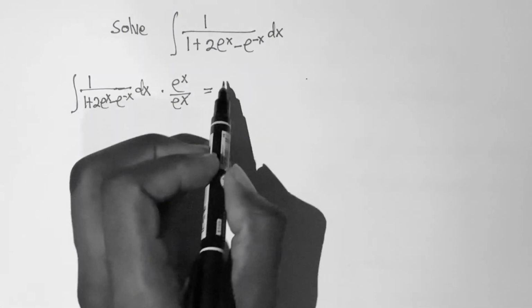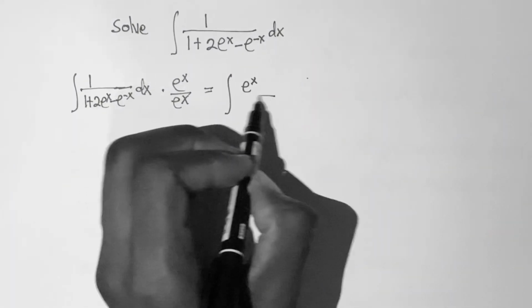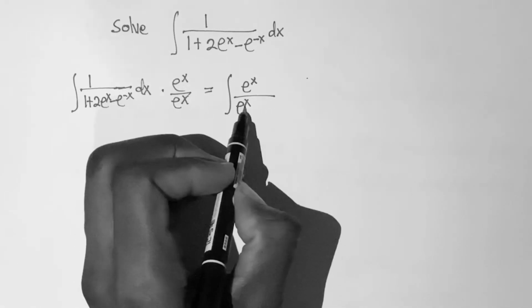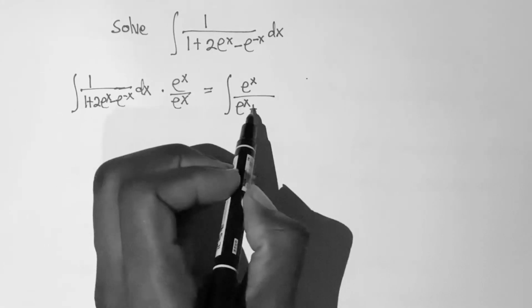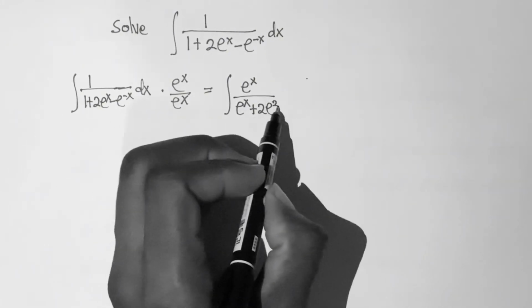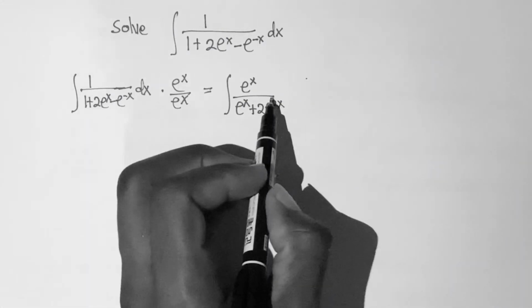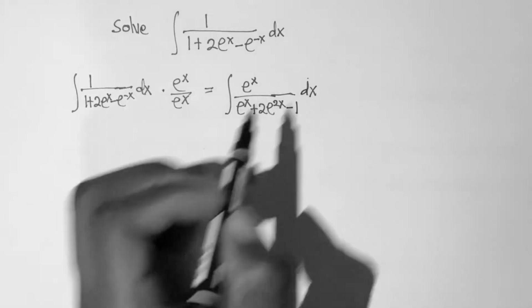And if we do that, we are going to get the integral of e to the x divided by, now e to the x times 1 is e to the x. e to the x times 2 e to the x will give us plus 2 e to the 2x. And then e to the x times e to the minus x is 1. So here becomes minus 1 dx.